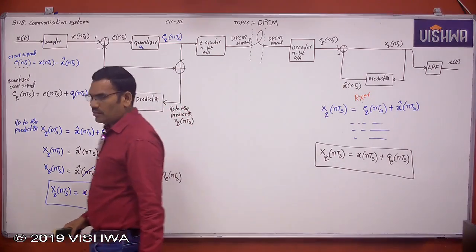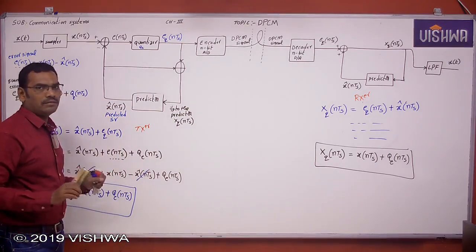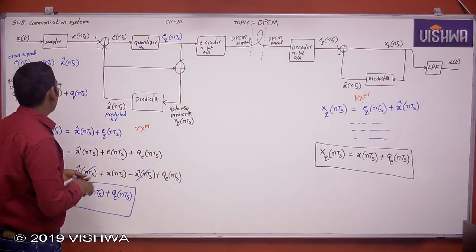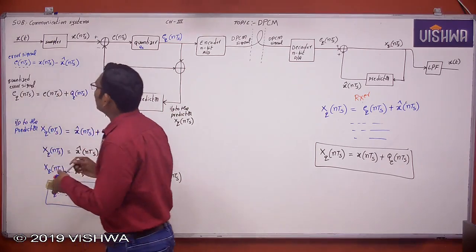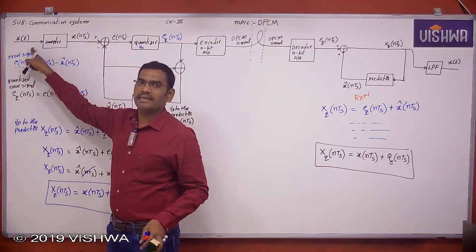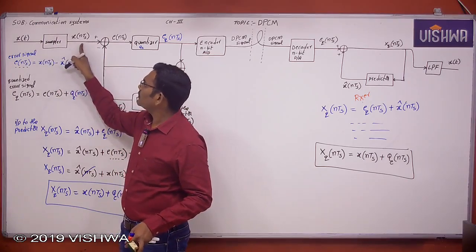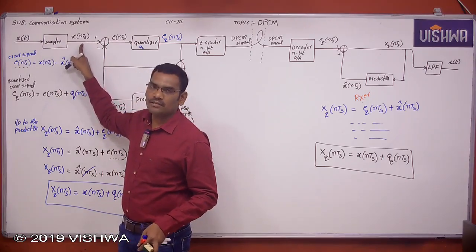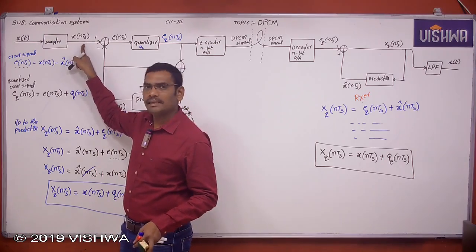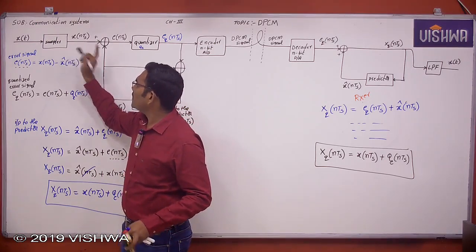Okay, now let me explain once again finally, so just try to concentrate here. This is the original signal, which is the analog signal, going for sampling. Therefore this is the sample signal. The successive time difference between each sample is TS seconds. Now these are the sample signal.